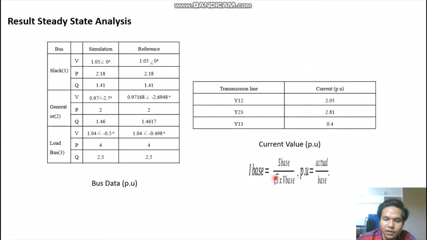I base equals S base over root 3 multiplied by V base, and per unit is actual divided by base.